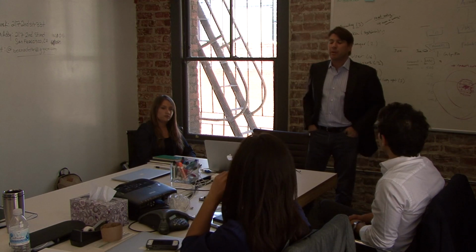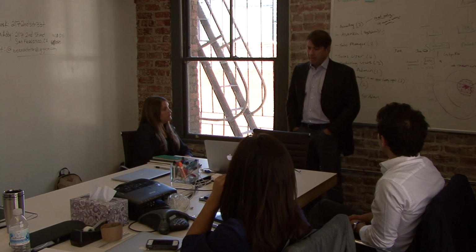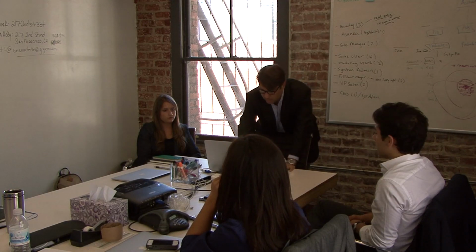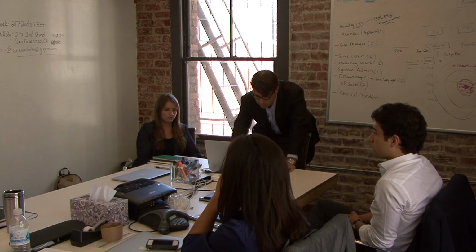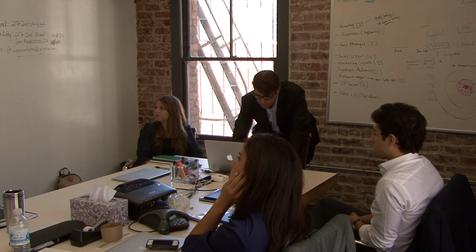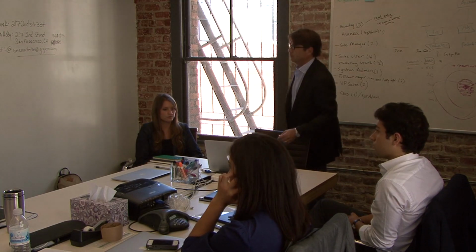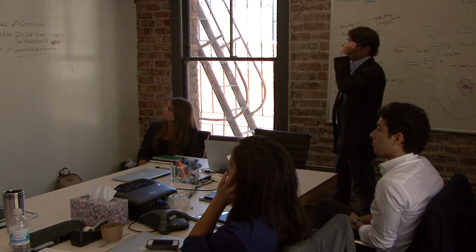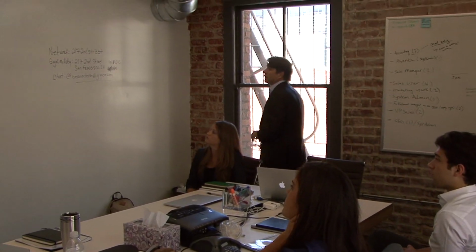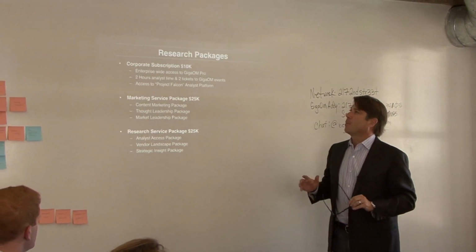Yeah. So a typical sale for an enterprise customer is the following. So these are the current research packages, right? We have three types of packages. We have the corporate subscription.